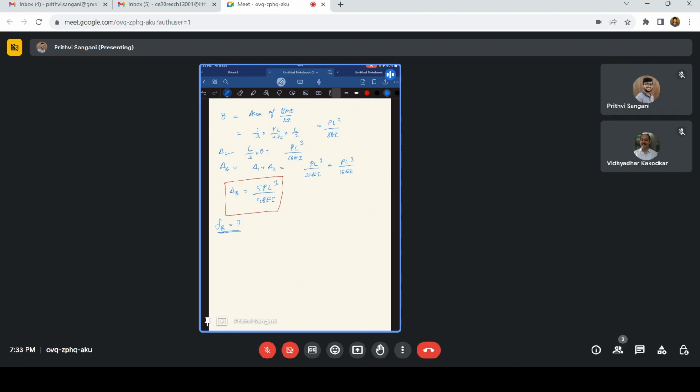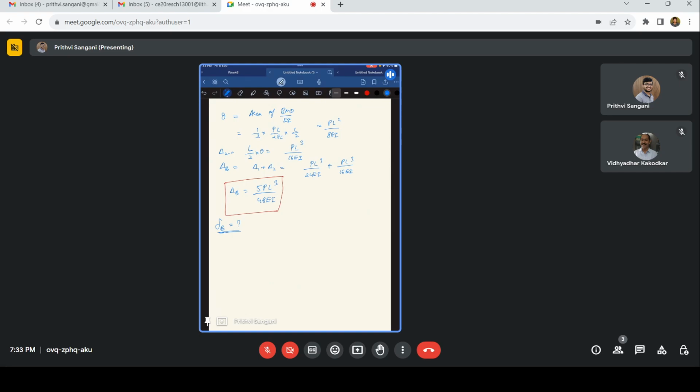This point can move in this direction, it can move upwards, and there is also a chance of rotation here. Similarly, at all the rigid joints you can have 3 degrees of freedom. Degrees of freedom are nothing but the rotations or translations happening at the joints. So you have 3 degrees of freedom here and 3 here.